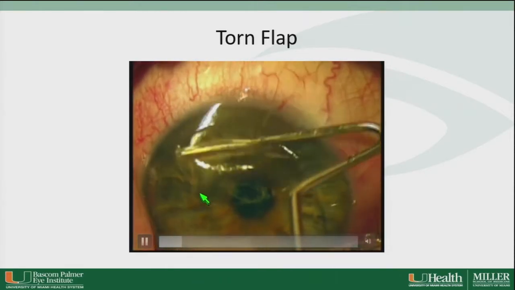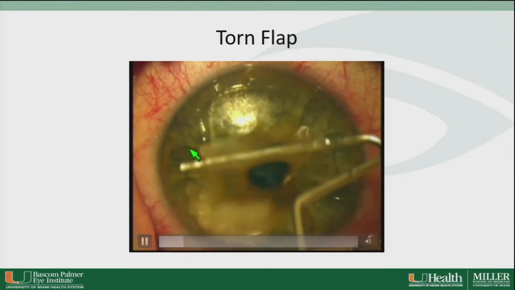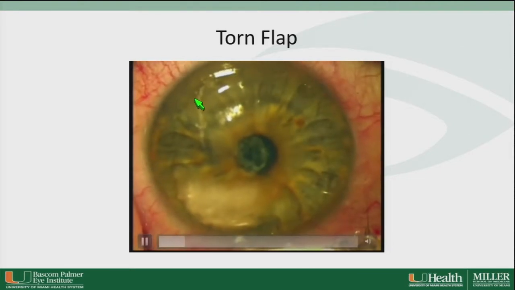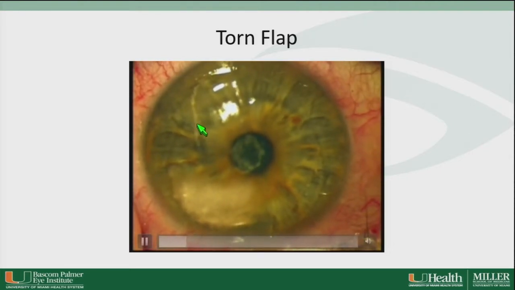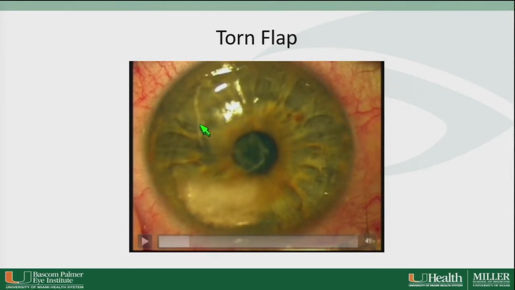So one way to manage this is if you identify this first, you can lift the flap around the vertical gas breakthrough and at the very end try to sort of dissect this with the sharper end of the flap lifter.